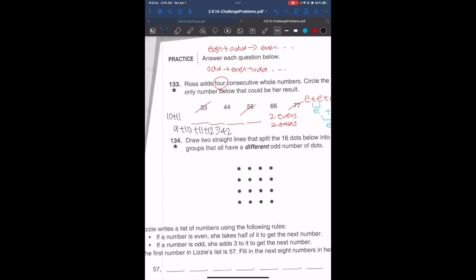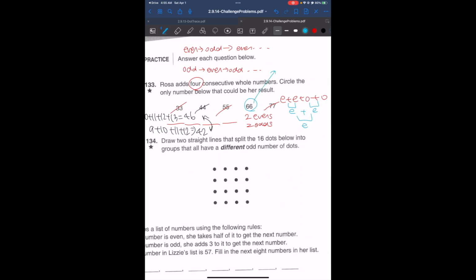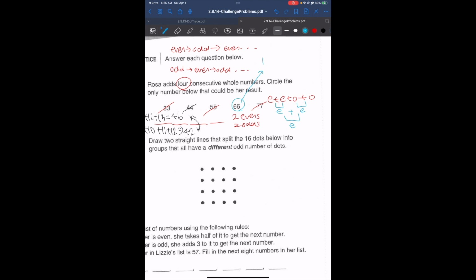We're going to try 10 plus 11 plus 12 plus 13, and that gives us 46. So you can tell that there's no 4 consecutive numbers that add up to 44. So it's most likely going to be 66, and the 4 consecutive numbers are going to be 15 plus 16 plus 17 plus 18.